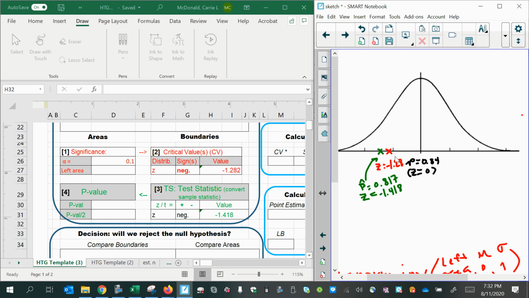My critical value is at negative 1.28 as a z-score, and my p-hat, which is 0.817 as a proportion, has a z-score of negative 1.418. So my p-hat is farther away from the population proportion than the critical value is, and that means this is a significant result.